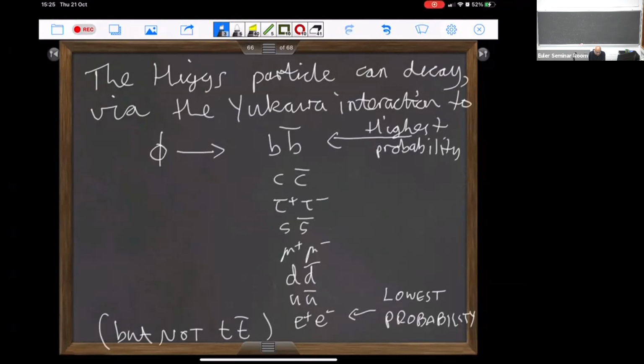In fact, all of the light fermions except t t-bar and the neutrinos, according to the standard model. And I've ordered these fermions here in decreasing mass. So the bottom quark is the heaviest of the ones in this list, and the electron is the lightest one.